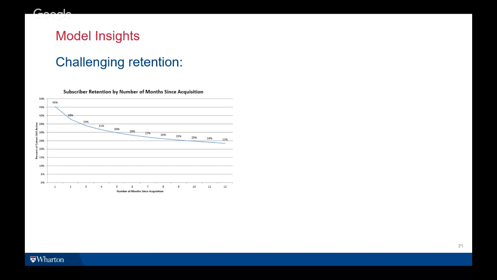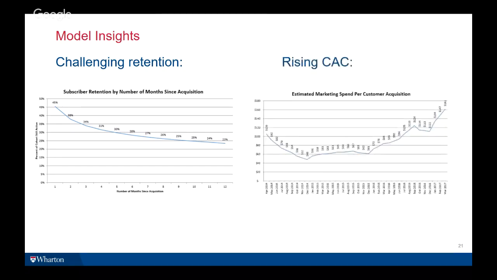Contrast that 72% number to a firm like Dollar Shave Club or Netflix. They have 6-month churn of, say, between 30 and 40%. So, just much lower. But the other thing that we could see is the cost per acquired customer has been growing very rapidly.